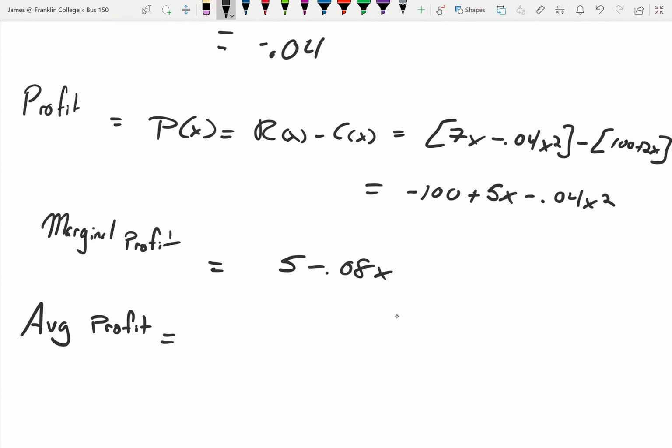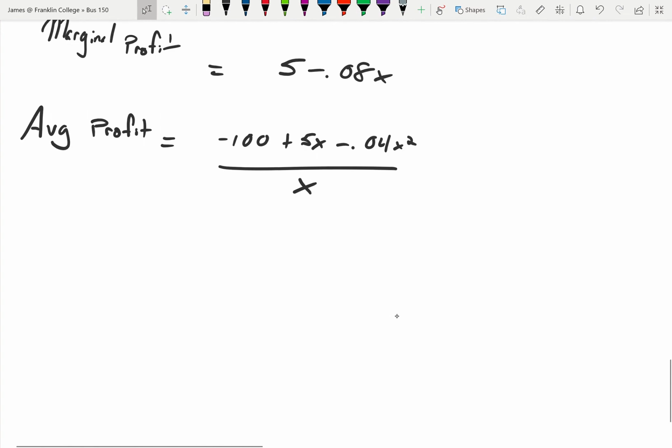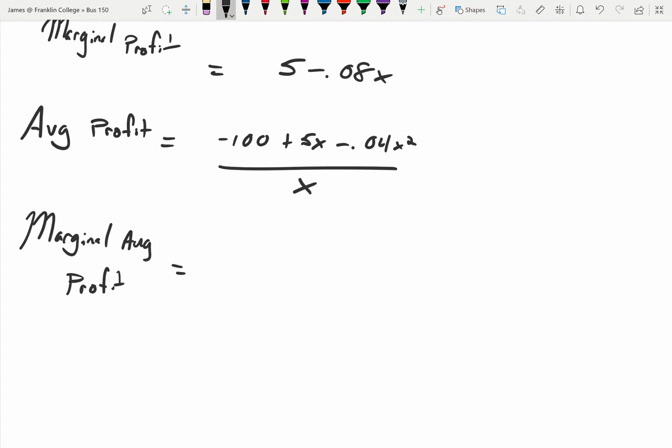Well, that will just equal our original profit function all divided by x. And then lastly, if we wanted to calculate the marginal average profit function, well, that's just taking the first derivative of this guy.